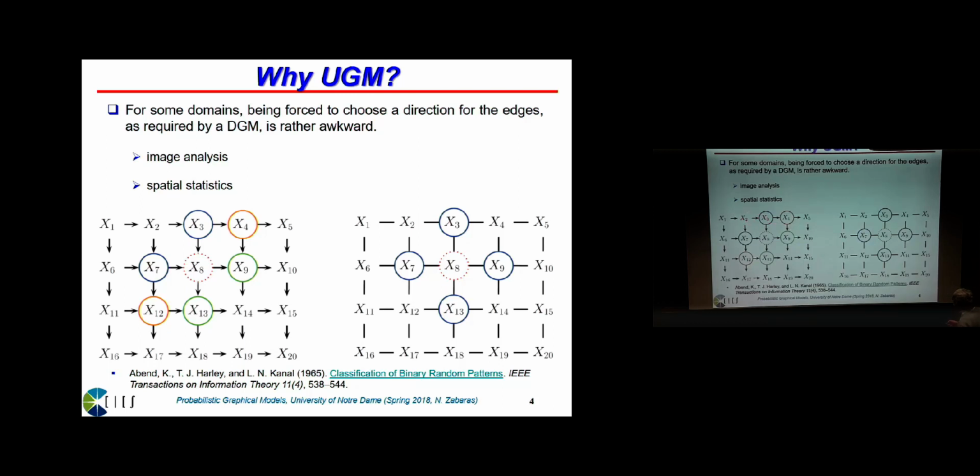So the idea of the Markov blanket is that if we know the values of the Markov blanket of this node X8, then X8 is conditionally independent of anything else in the graph, okay? So you have to look very carefully on this graph to say, yes, this is the Markov blanket, but X2 is not included, X14 is not included, okay?